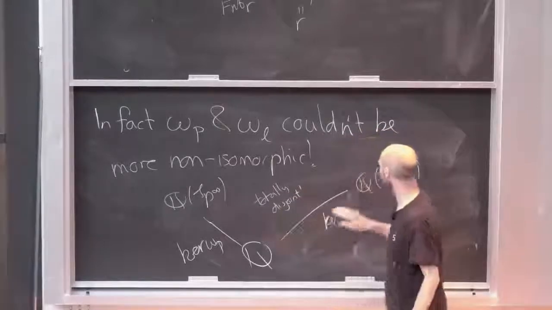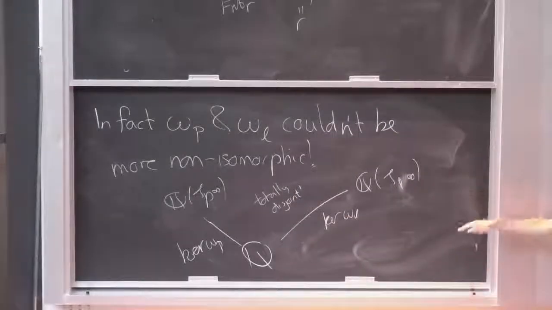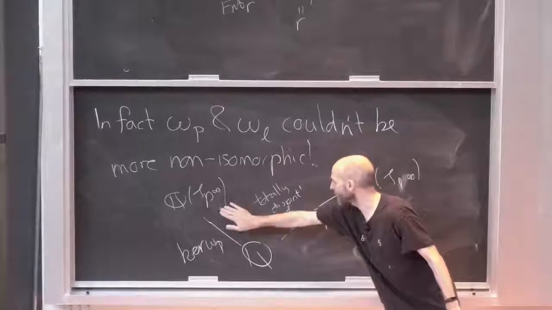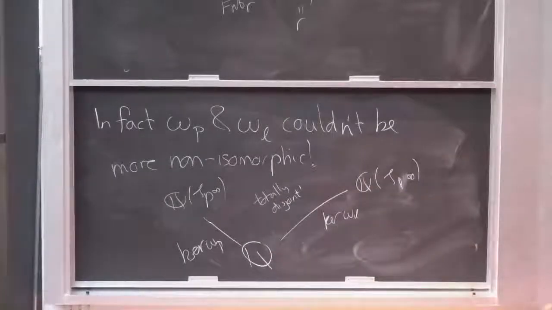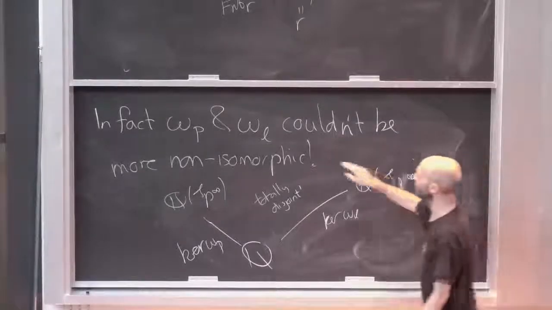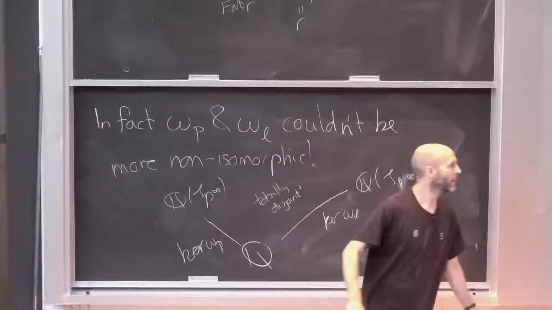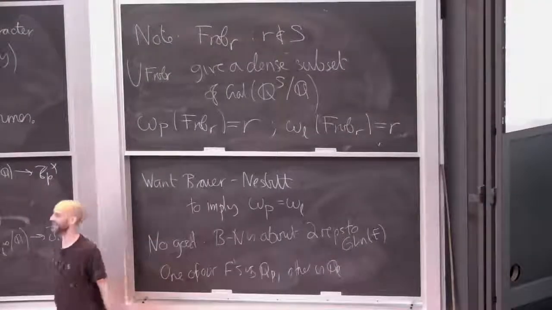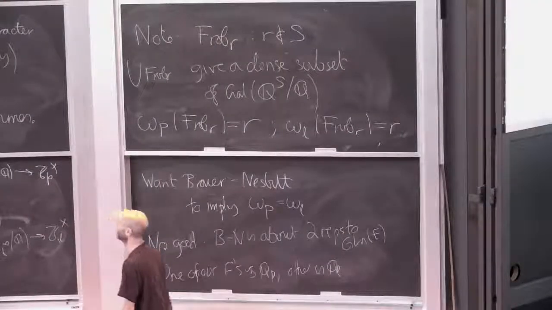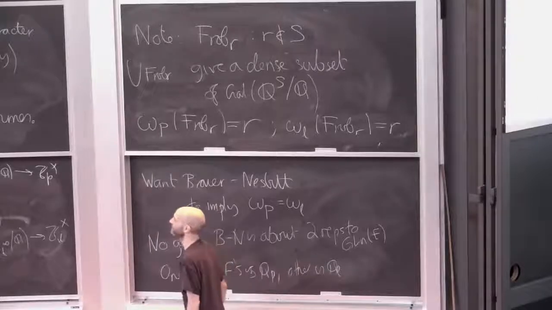Anything in this field and in this field will generate an extension of Q which is unramified outside p and unramified outside L, so it's unramified everywhere, and so it must be Q. Those extensions are totally disjoint. These representations are nowhere near isomorphic, and yet we've just proved that both of them send Frob_r to r and then extend by continuity. But the topologies are totally different.